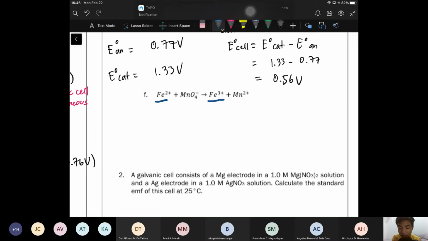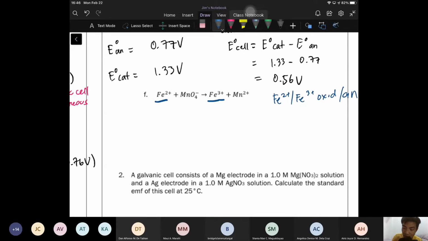So, yan. We have Fe2 plus on the reactant side. On the product side, it turned into Fe3 plus. No? So, that means yan ay oxidation. Okay. So, yan yung anode natin. So bakit yan yung anode natin? Because the oxidation number increased, no? And we know that oxidation number increases whenever our reaction loses electrons, di ba? Okay, so yan.